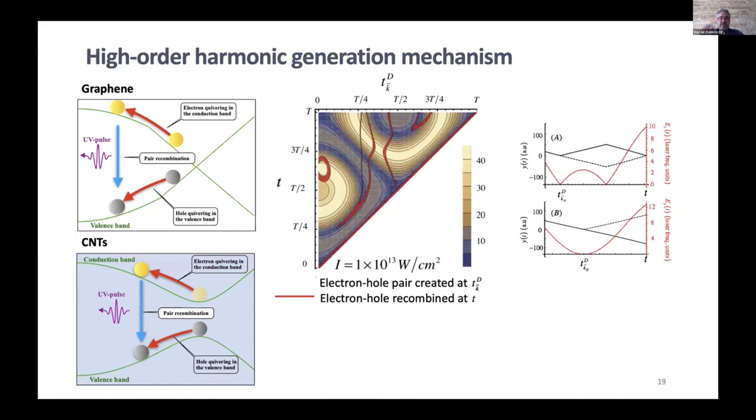If we increase the intensity, we see that the topology of the red area in the map becomes much more complex. And it is interesting to note that the same harmonic could be emitted by two or more semiclassical trajectories within the same half cycle of the field.